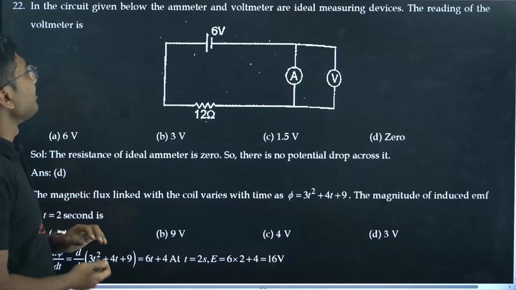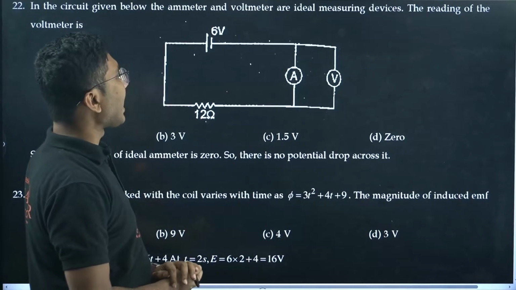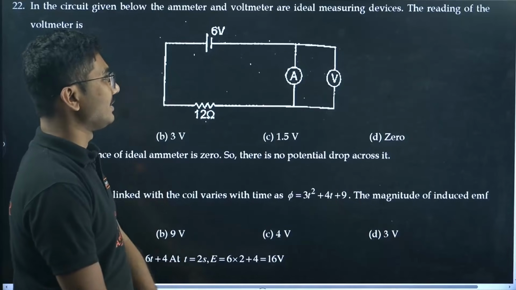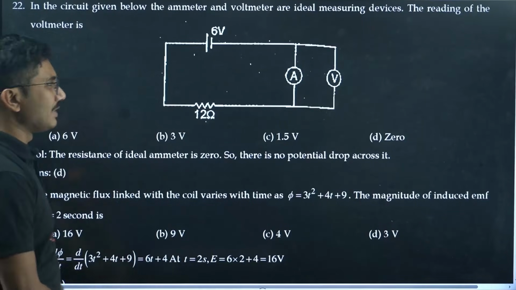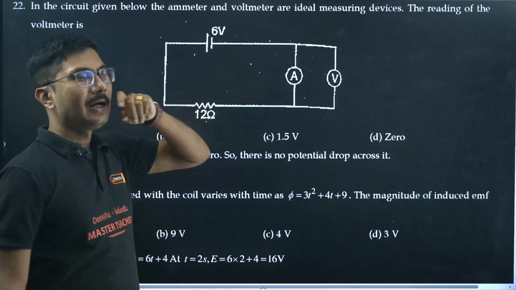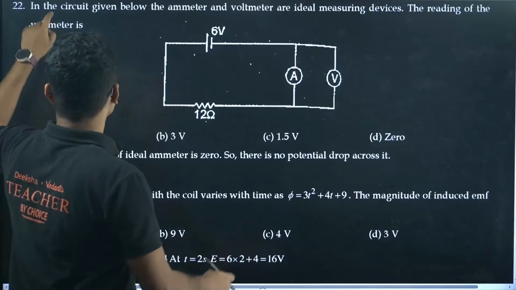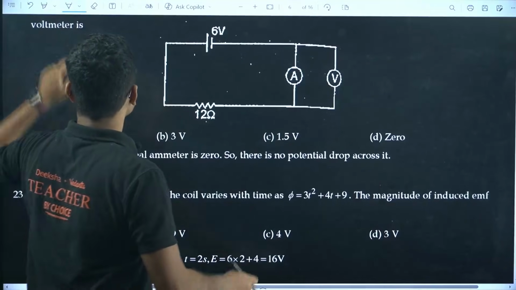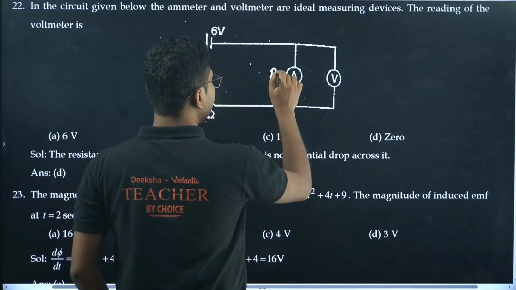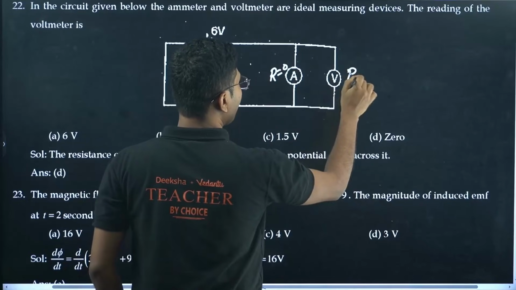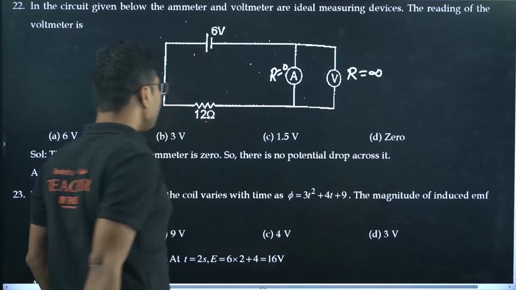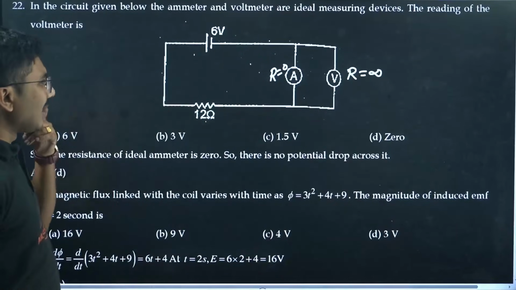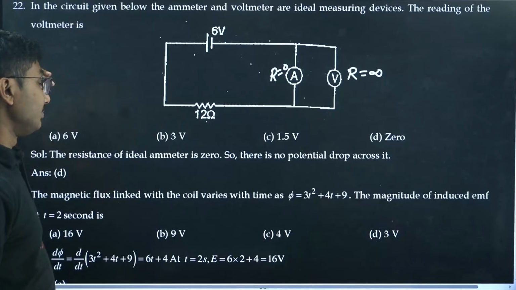In the circuit given below, the ammeter and the voltmeter are ideal measuring devices. The reading of the voltmeter is? So here we have ideal measuring devices. Ideal means the resistance of the ammeter is 0 and the resistance of the voltmeter is infinity. So how can you calculate the voltage?